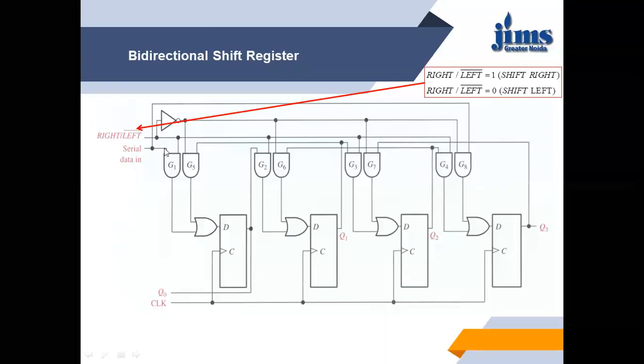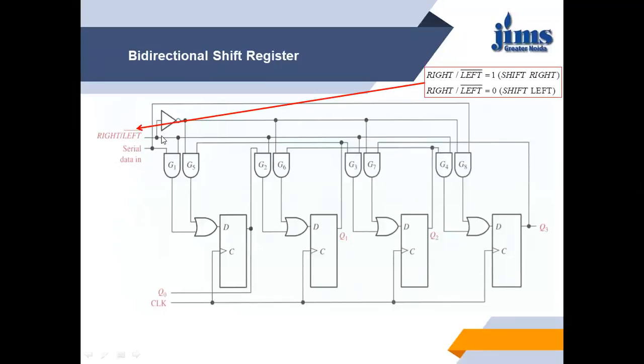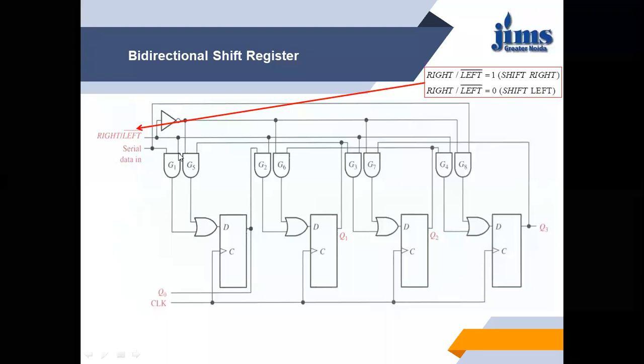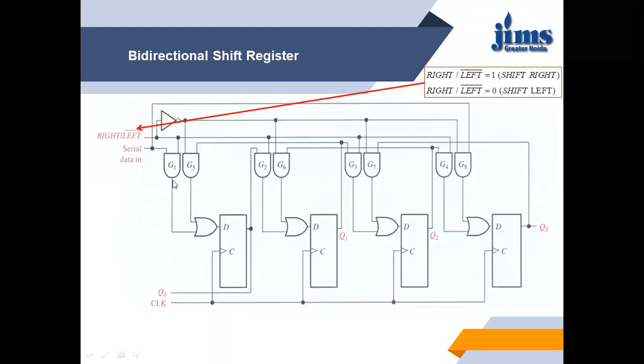Now in this case, the output of G1 will be whatever is the serial input data. Suppose it is 1 and another input is 1. So 1 here is 1. This 1, output of the OR gate will be 1. Whenever an active clock is given, then this value will be reflected at the output.